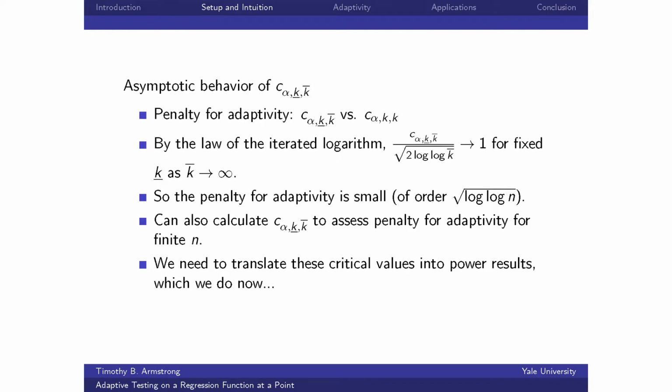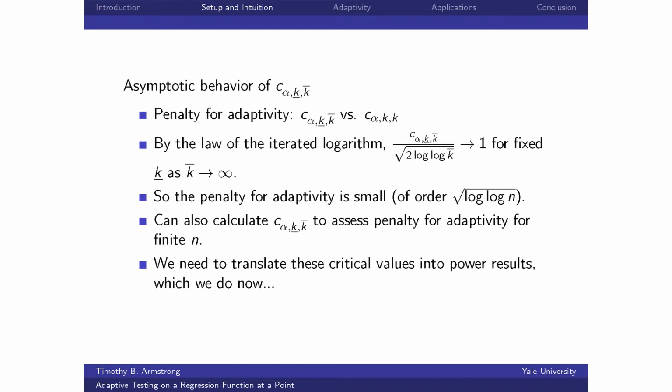By the law of the iterated logarithm, we in fact have that for all values of alpha, if we scale this by √(2 log k upper bar), as k upper bar goes to infinity, that converges to 1. That's an implication of the law of the iterated logarithm from probability theory.